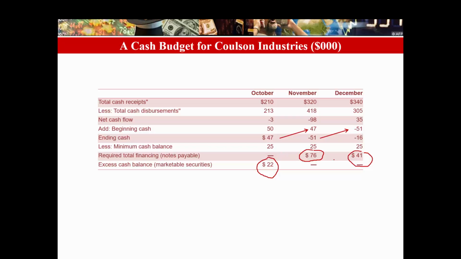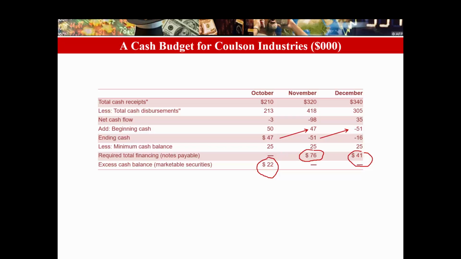So if you take a look at these 2 months consecutively, we had a bank loan of $76,000 in November. In December, that bank loan declined to $41,000 because the $35,000 of surplus that we had would help us reduce our bank balance to $41,000.